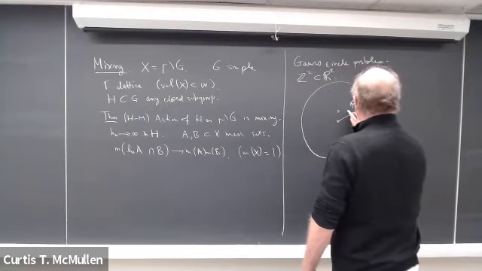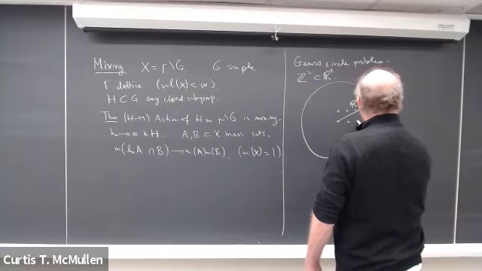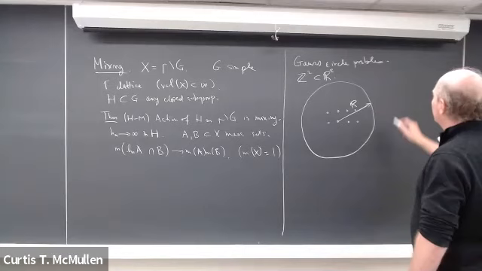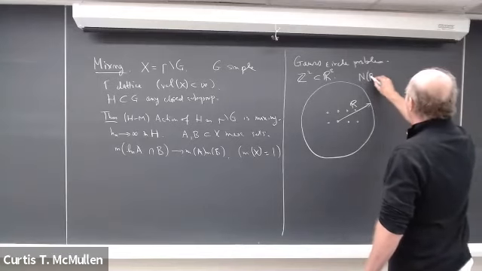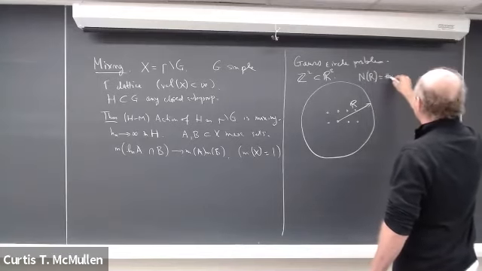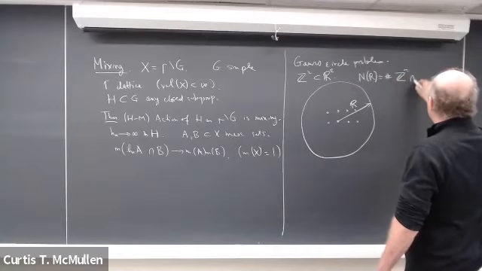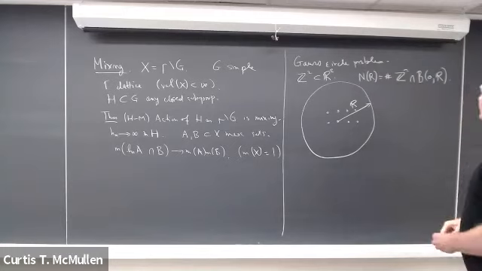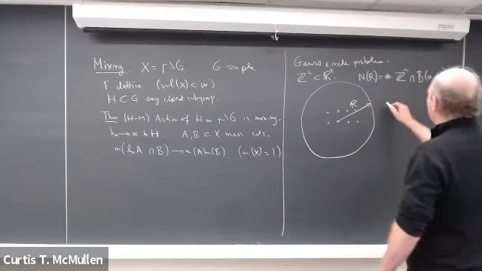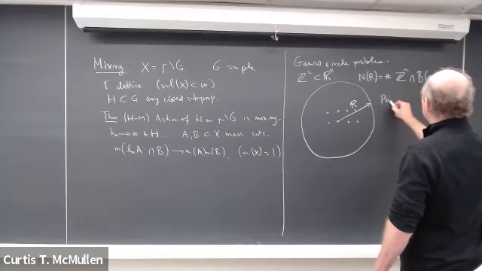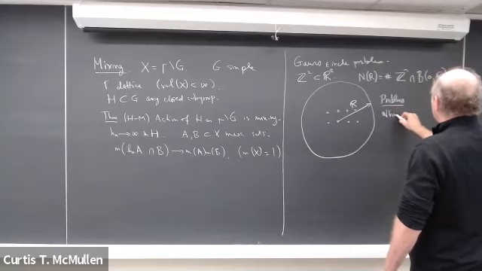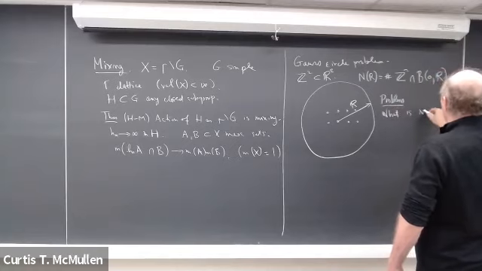And within this ball, we have a big finite piece of the integer lattice. And we let N(r) be the number of points in the intersection between Z^2 and the ball around the origin of radius r. And the problem is what is N(r).